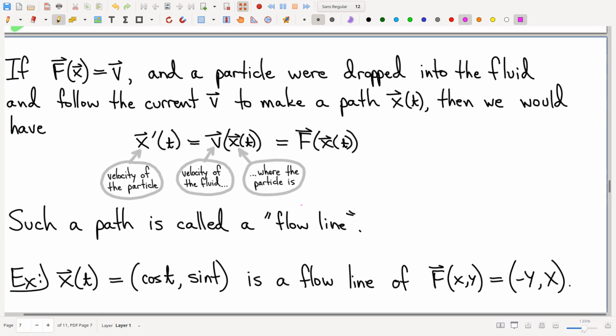we need to talk about what's called a flow line, and this is a casual use of the term line. Flow lines are typically not lines; they're typically curves. A flow line is the answer to a certain natural question, and that is, if you have a fluid flowing around, the fluid flow might be somewhat static, right?